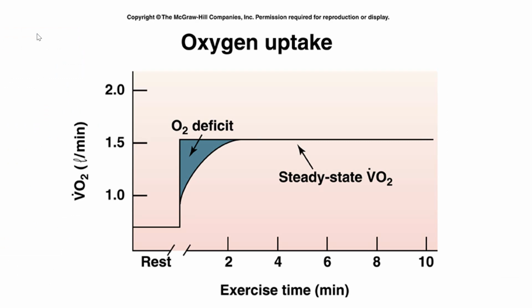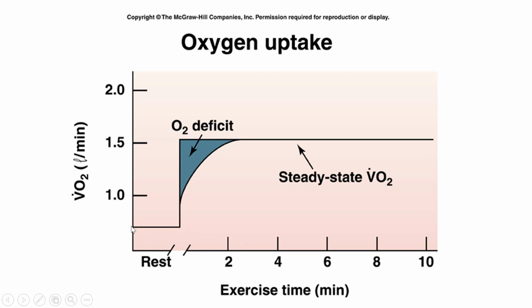And so we begin the topic with this idea of oxygen deficit. It originated with A.V. Hill. You saw a photograph of him earlier, and he believed that this deficit was repaid subsequent to the exercise. Here's the volume of oxygen, and then this is the commencement of exercise.